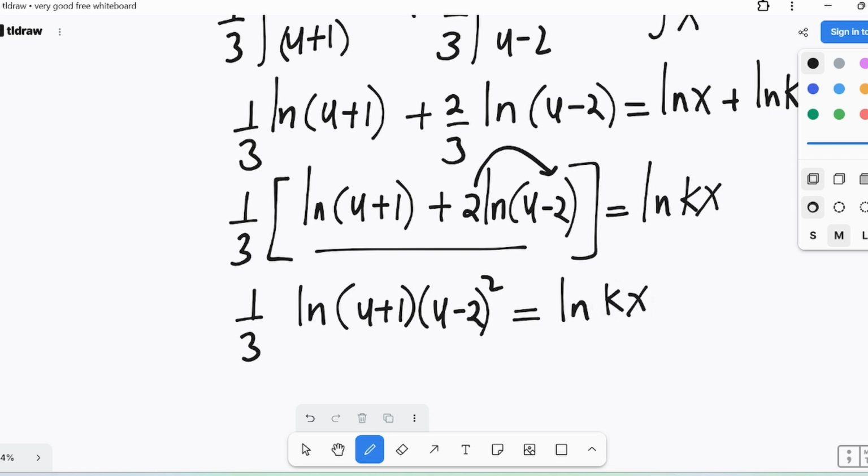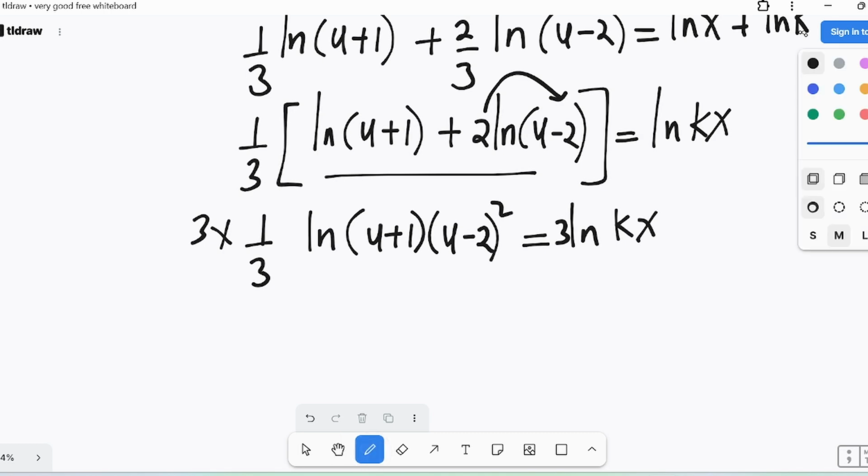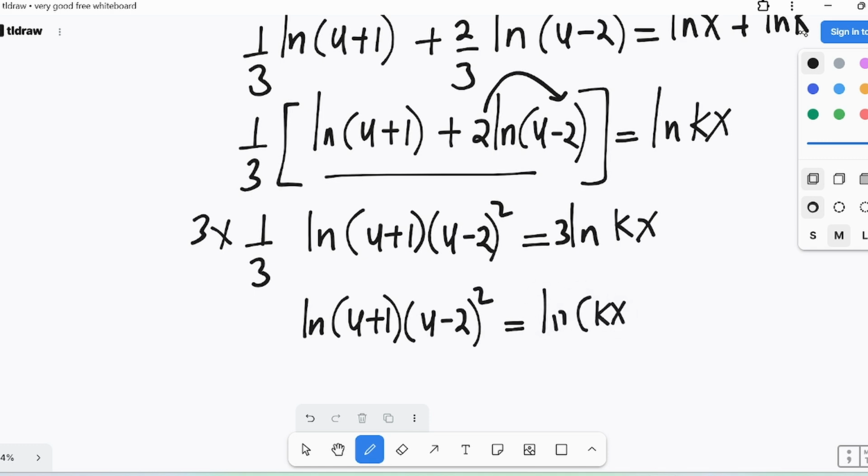Now after having this, I can multiply by 3 this side, by 3 that side. So I have ln of u plus 1 into u minus 2 square is equal to ln of kx everything to power 3.